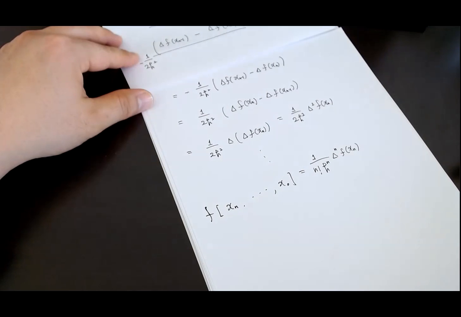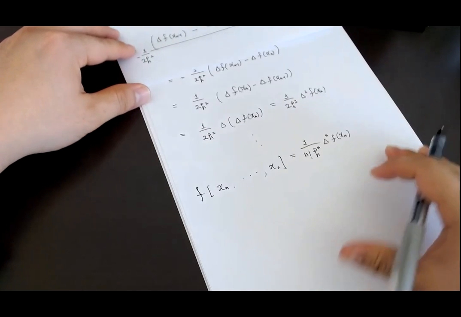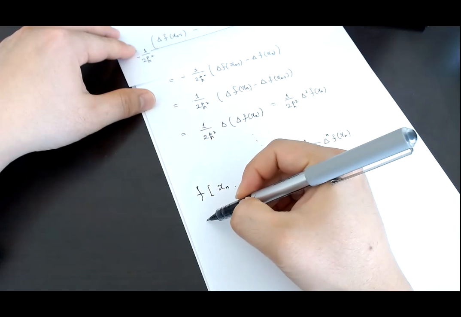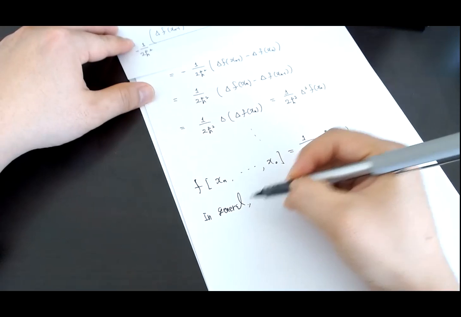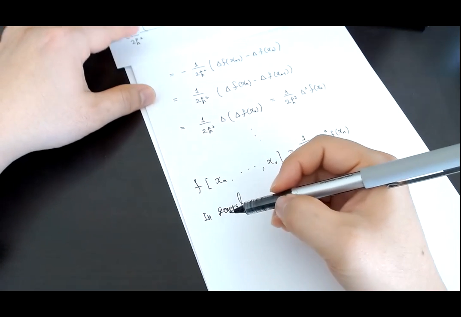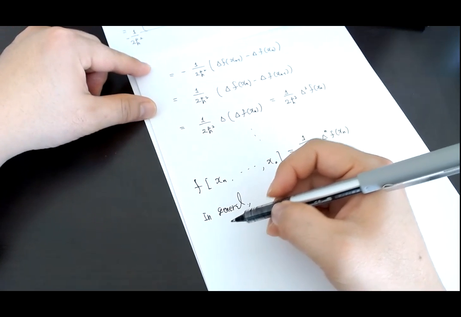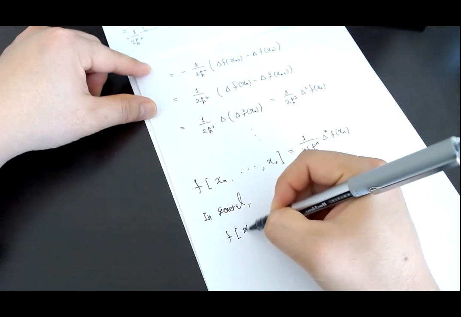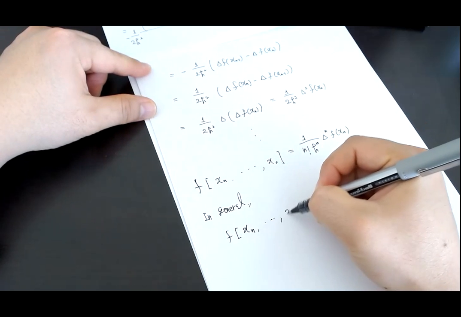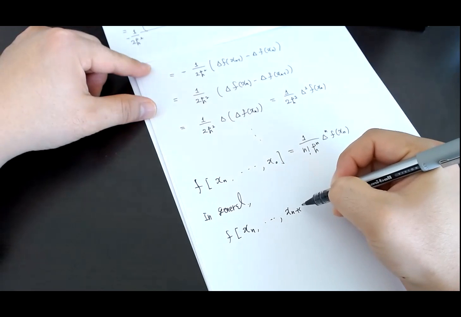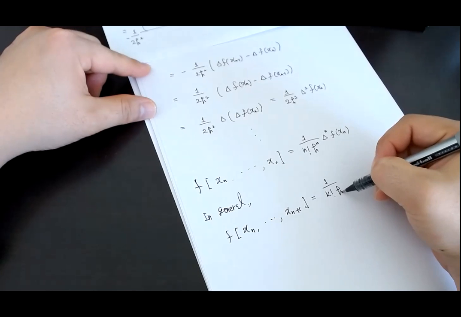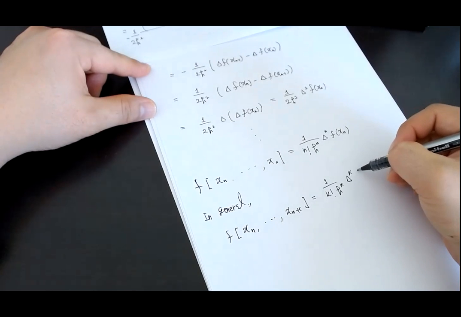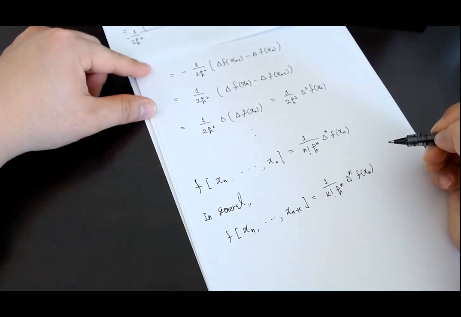Okay. So in general, we can say that f of x_n through x_{n-k} is equal to 1 over k factorial h to the k-th power, and nabla to the k-th power f of x_n.